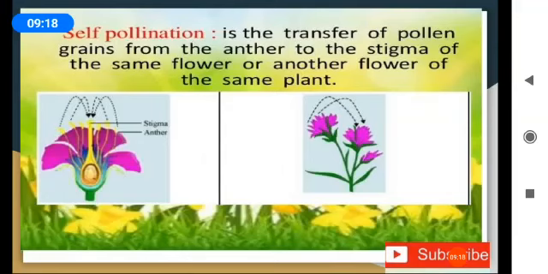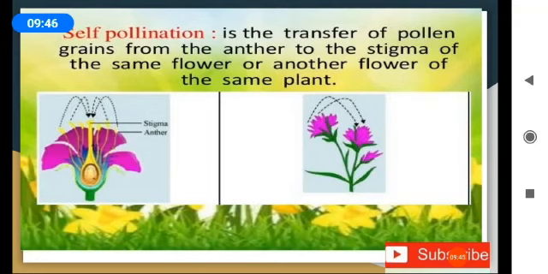Self-pollination. Self means within the plant or within the flowers. Self-pollination is the transfer of pollen grains from the anther to the stigma of the same flower or another flower of the same plant. So self-pollination takes place in the same plant.